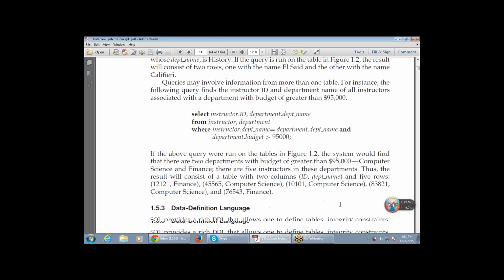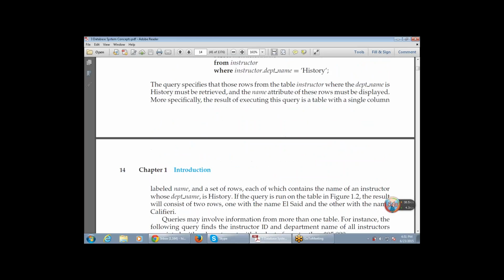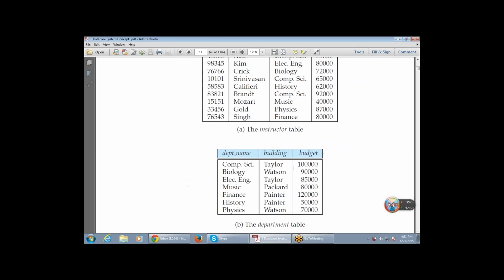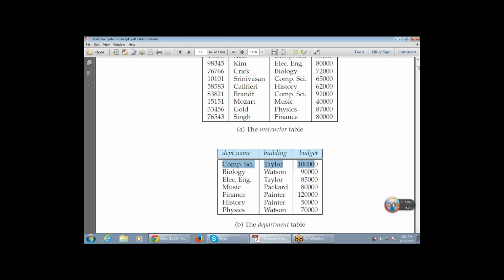There are five instructors available in computer science and finance, where the budget is greater than 95,000. Here computer science has 1 lakh and finance has 120, which are greater than 95,000.